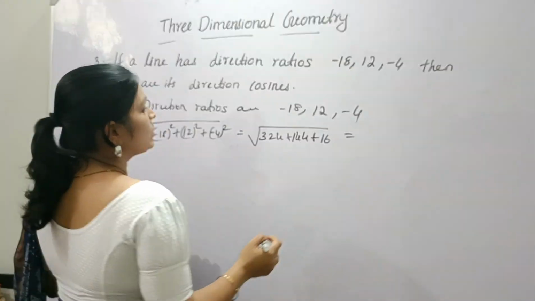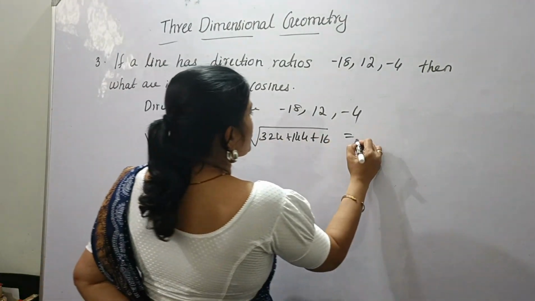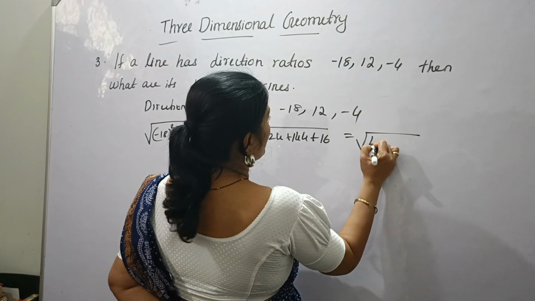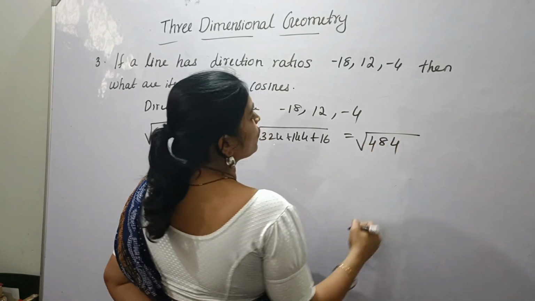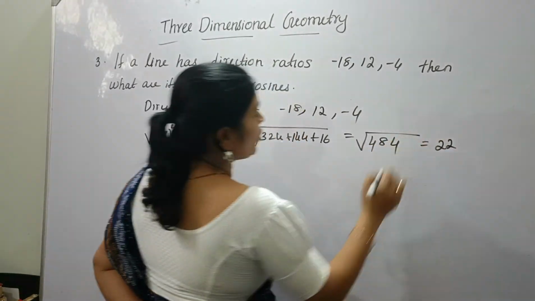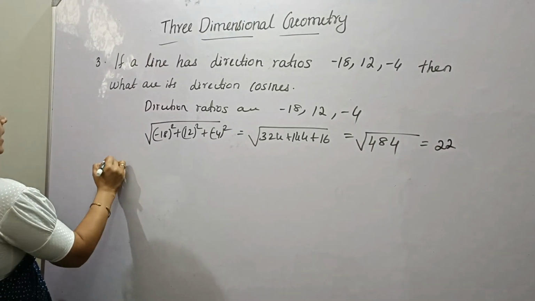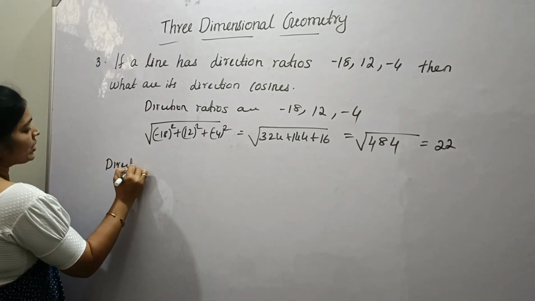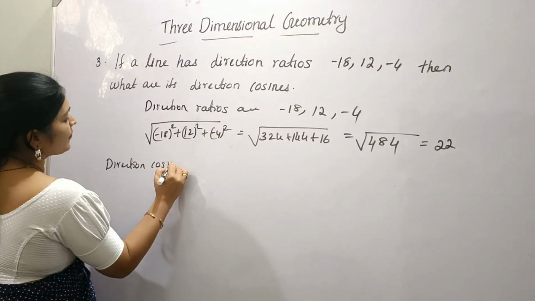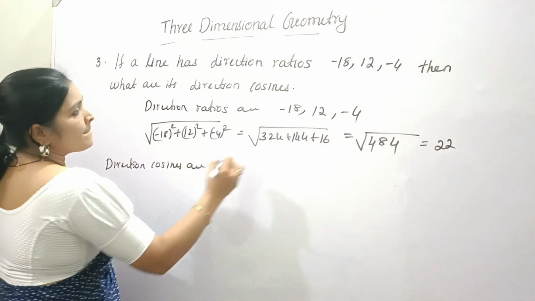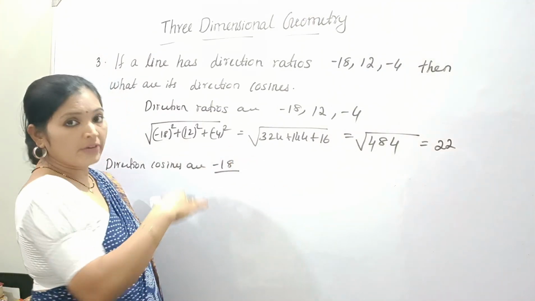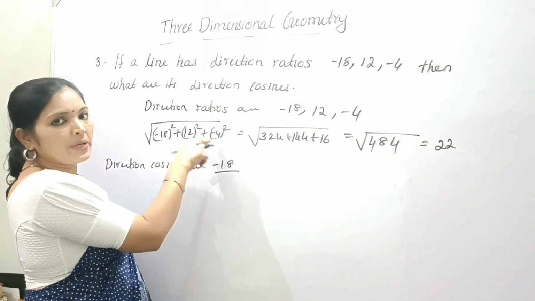That is equal to the square root of 484, that is equal to 22. Okay. Therefore, direction cosines are A divided by root of A square plus B square plus C square, right?